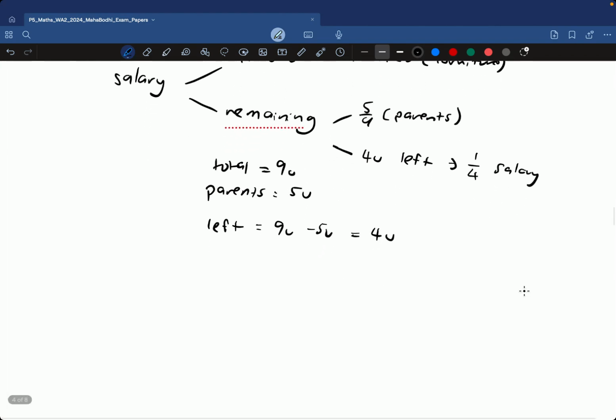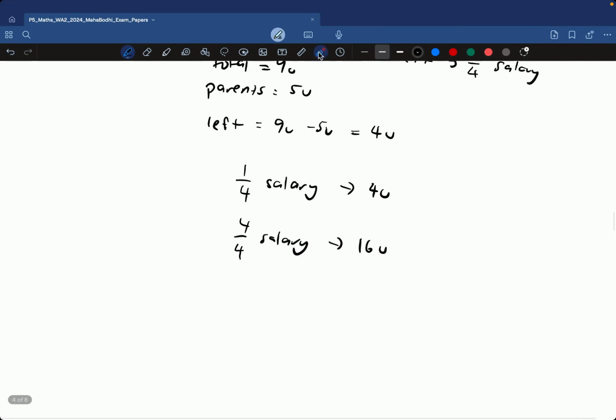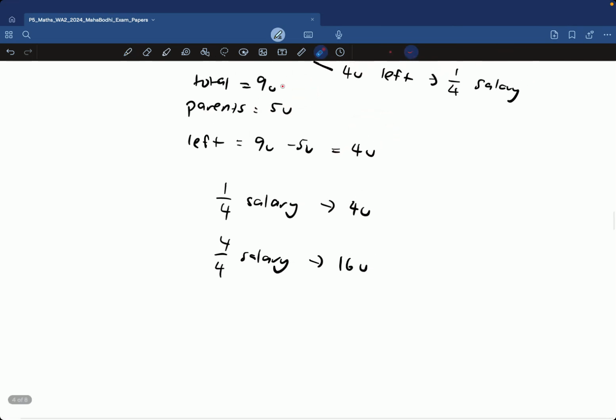So if 1 over 4 of his salary is 4 units, then 4 over 4 of his salary, or his full salary, is 16 units. So now we also know that his parents and what is left, 4 units, or basically his remaining, is 9 units.